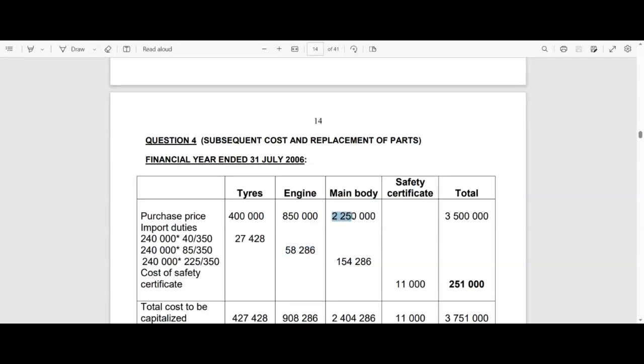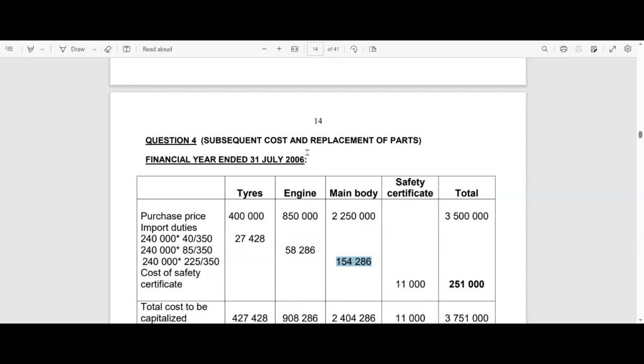So now we know above the line, we're going to have 2,250,000. In other words, the purchase price that we deem for the main body over the total purchase price of the overall asset of 3.5 million. So that translates to 225 over 350, or if you don't want to chop off the zeros, then you'll take 2,250,000 over 3,500,000 multiplied by the actual cost that you want to allocate of 240,000, and that then gives you the 154,286 Rand.